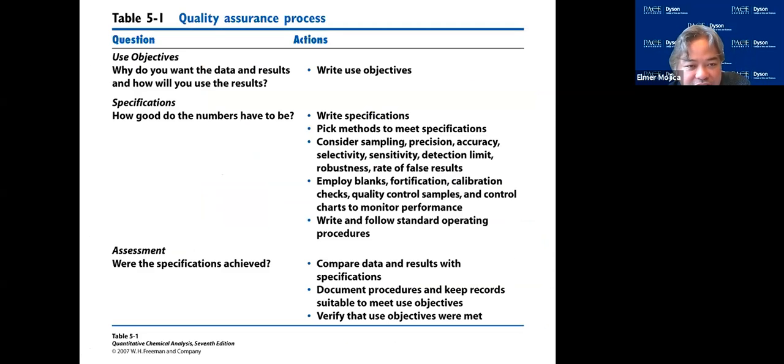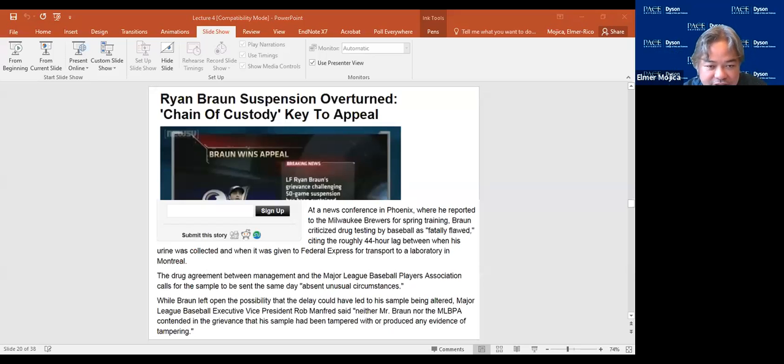So that's the thing that you do when you have quality assurance. In quality assurance, it's just trying to make sure that you're doing the right thing that was given to you.